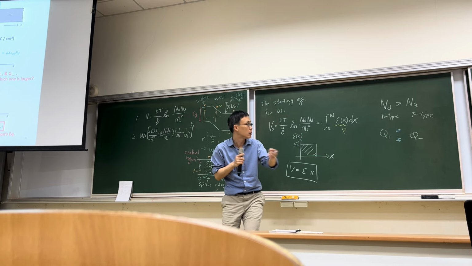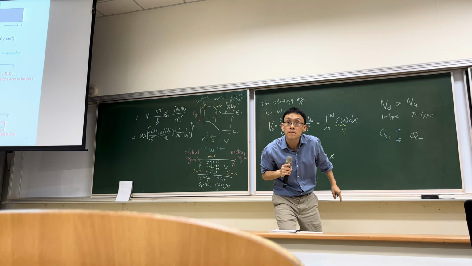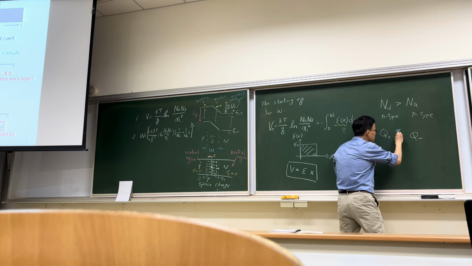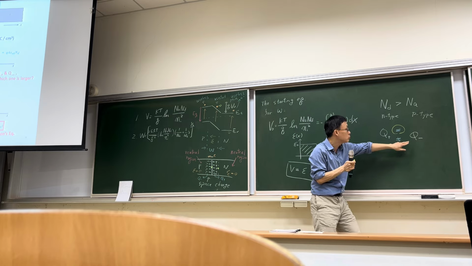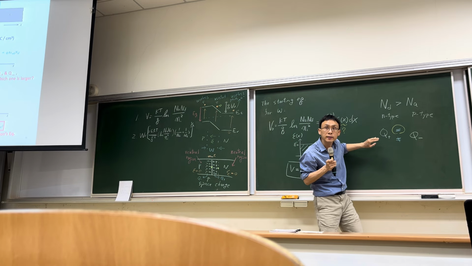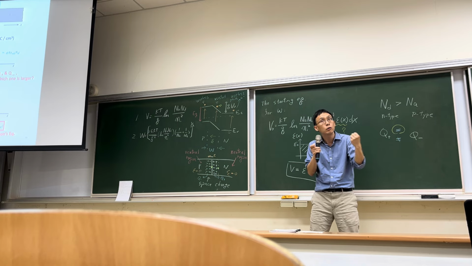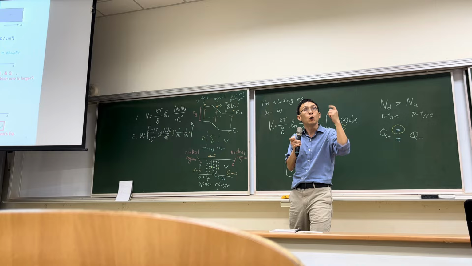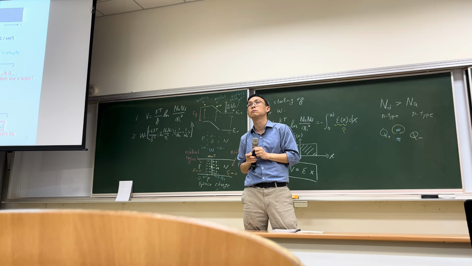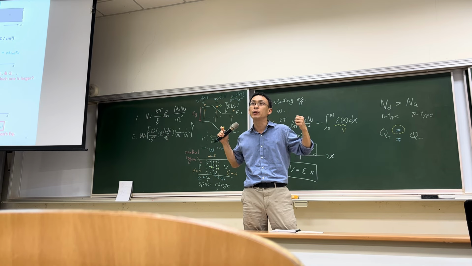So, should they be the same or not the same? The same. Of course, it is equal to each other, right? Because you are losing the same number of electrons and the same number of holes, because it's a one-to-one recombination, not one-to-two, not one-to-three. One lost electron produces one lost hole, so they are lost at the same time.